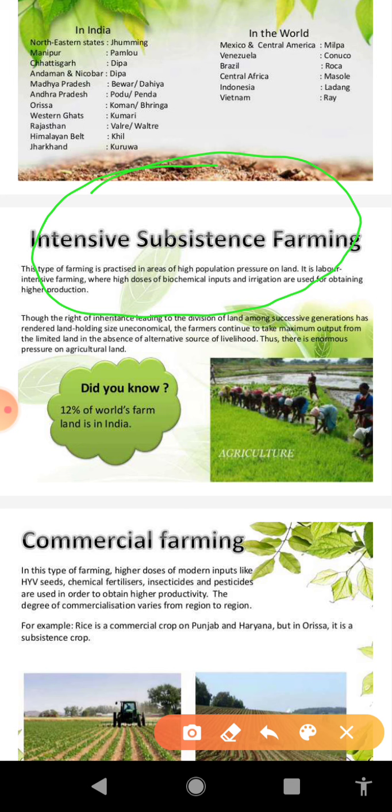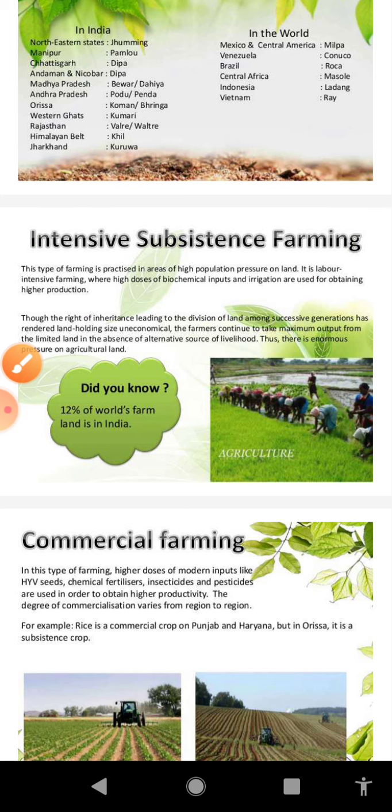The land holdings are very small in size. Farmers are growing more than one crop in the same field, and it is a labor intensive type of farming. So these are some of the characteristics of intensive subsistence type of farming.